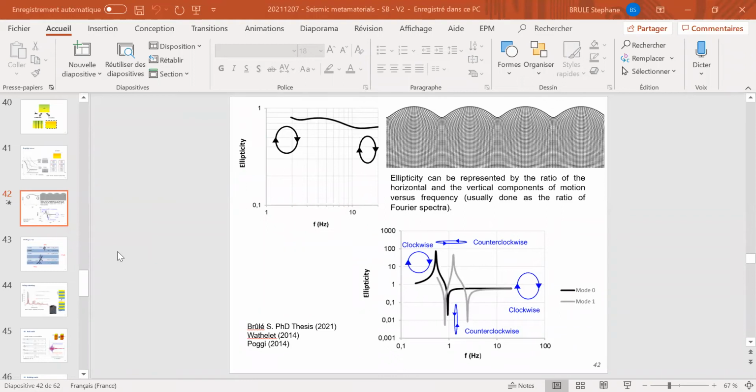I'm not sure I'm very clear in my explication. I apologize, but this is the concept: we could have a consequence on transforming a soil, but we can also use this to modify the dynamic response for the Rayleigh wave.